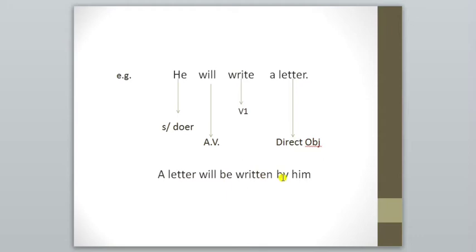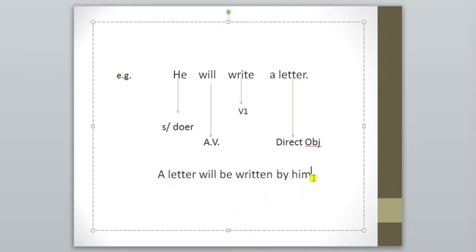By whom the action is done, that we have to show. This is the preposition. By him. Him is the object pronoun of he. Okay. And our answer is: a letter will be written by him. And here full stop. Understood?